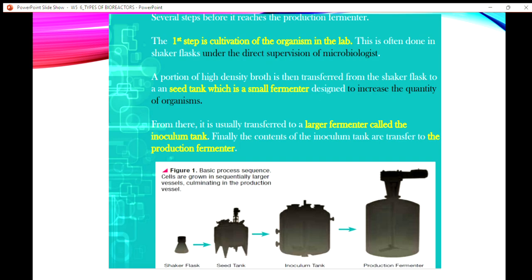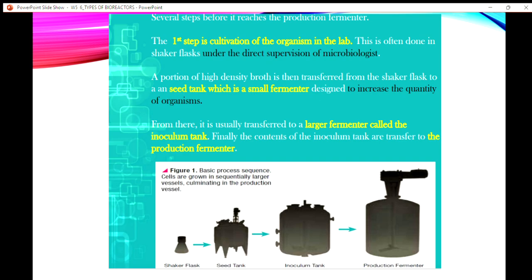Okay, and then you have the inoculum tank. In this inoculum tank, you will put your microbe together with the broth that contains nutrients and so forth, and then you will further put it inside your large production fermenter or large bioreactor, so that your product will be formed inside this bioreactor.